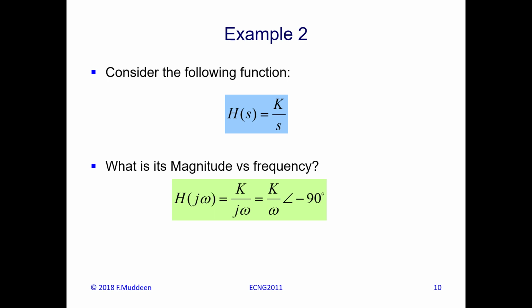And because it wraps around 360 degrees, this in turn means that we can say 270 degrees is equivalent to minus 90 degrees.